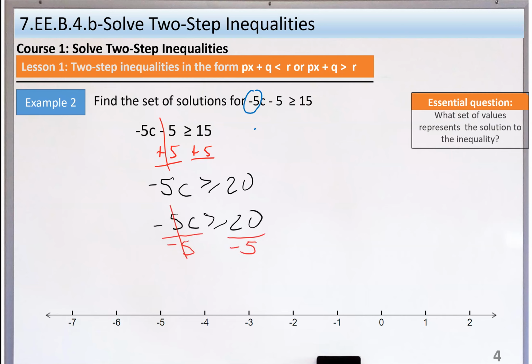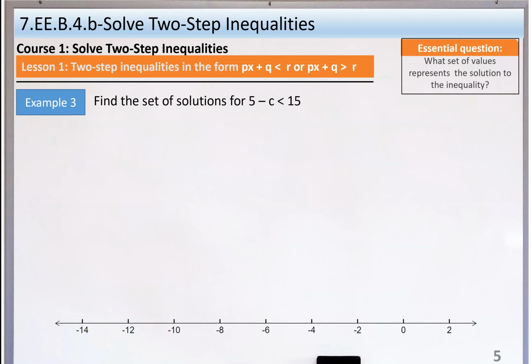But because we're dividing by a negative 5, we have to change the direction of our inequality. So that becomes c is less than or equal to negative 4. Again, because we're including negative 4, we use a dot. Sorry, my dot looks like that. And anything less than that or equal to negative 4.